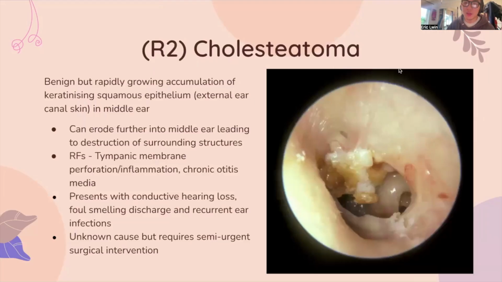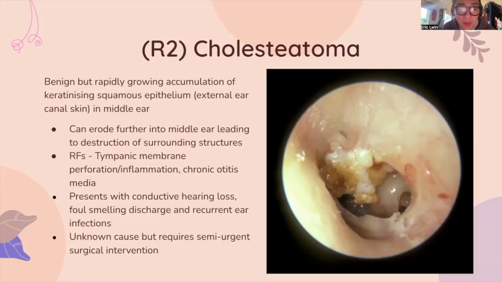The next condition is cholesteatoma. So this is a benign but rapidly growing accumulation of keratinizing squamous epithelium in the middle ear. Because it's benign, the tumor itself isn't typically a concern, but it is a concern due to its implications for the other structures in the ear canal, because you can get destruction if there's rapid progression and growth of the cholesteatoma.